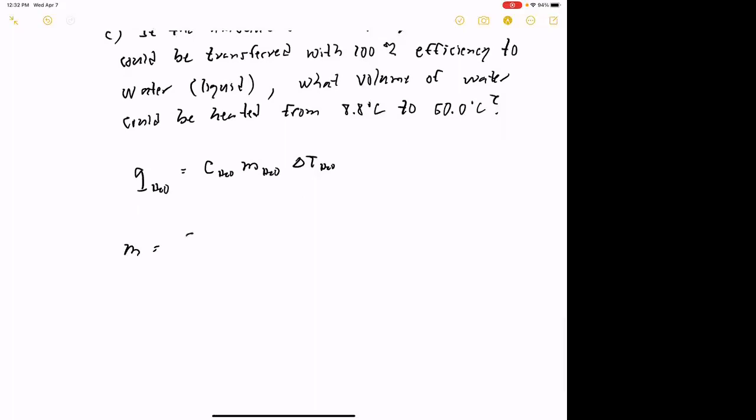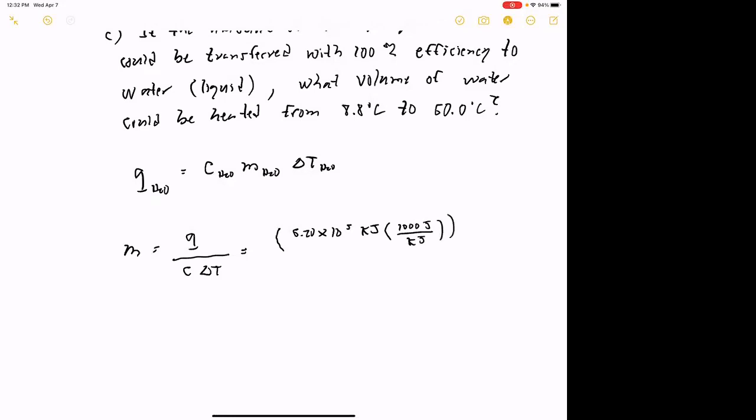So the mass is equal to the heat divided by C times delta T. Okay, I'm going to express the heat as a positive quantity here. So we'll say 6.20 times 10 to the 5th kilojoules. And remember, that was the answer from part B. So I want 1,000 joules per kilojoule.